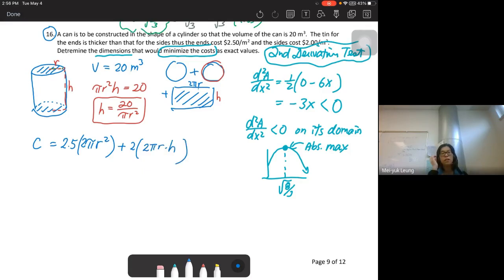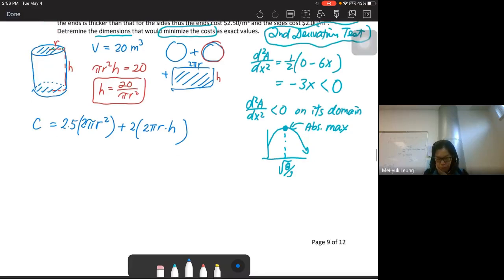So that is the quantity equation, but it involves two different variables. It's easy to fix: we can substitute 20 over pi r squared for h here.